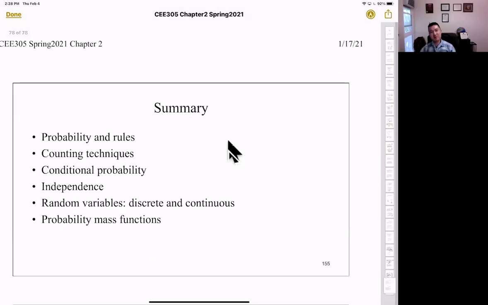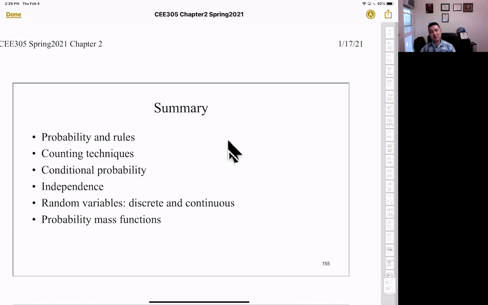Summary, Chapter 2. So what did we do for chapter 2? We discussed probability and the rules, and the counting method, which is very, very important. I want everybody to know how to do the counting method, when to use combination and when to use permutation, and what is conditional probability and what is independence.